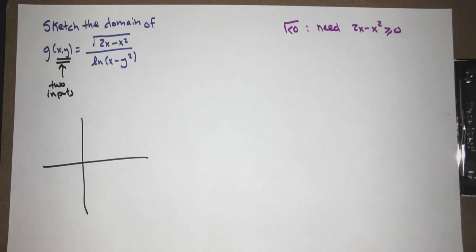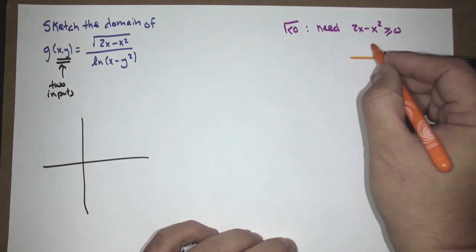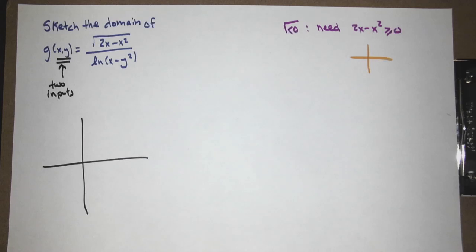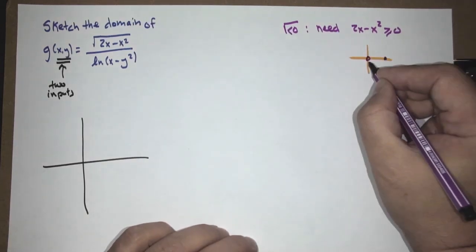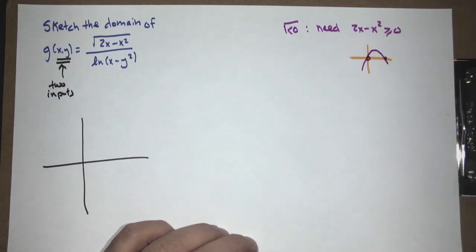Now, if we think about the graph of 2x minus x squared, we'll draw it here fairly quickly. What does that look like? Parabola? Is it upside down? Right side up? Do you know where it hits the axis? 0. Anywhere else? 2. So upside down, hits at 0 and 2.